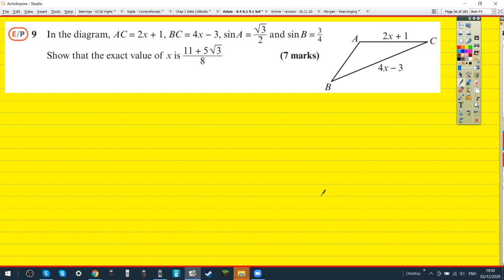Can we use them to work out what x is? Yep. Okay.